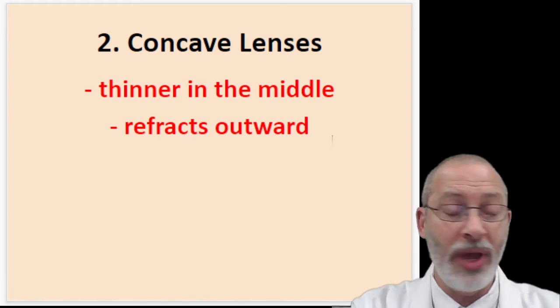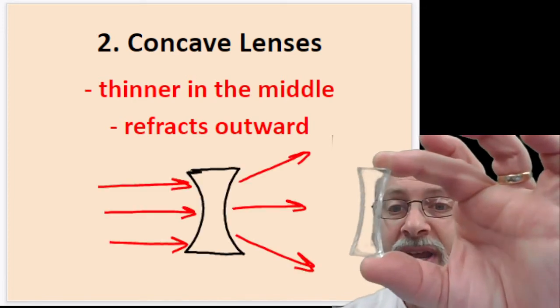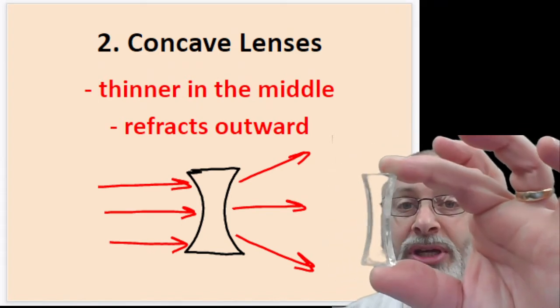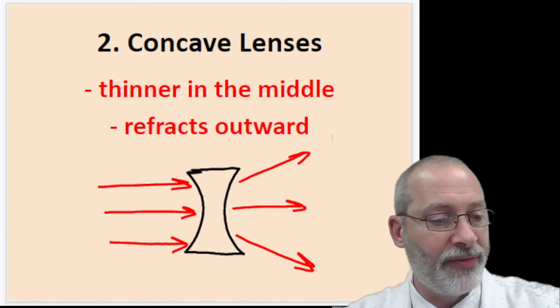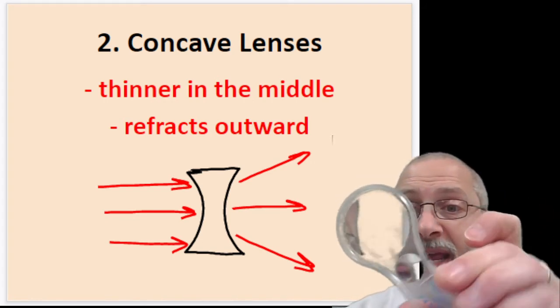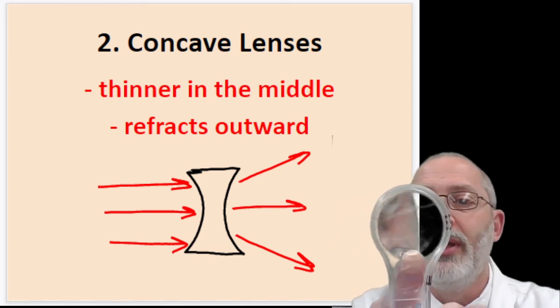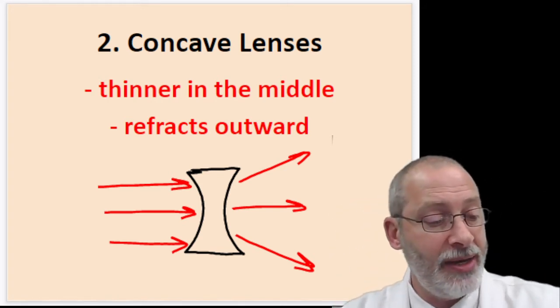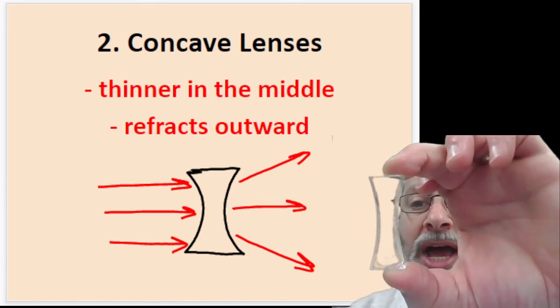And let me show you a cross section of a concave lens, and here's a real example of a concave lens. Again, remember, if this were a concave lens and we sliced it down the middle and turned it to the side, this is the cross section that you're drawing in your diagram.